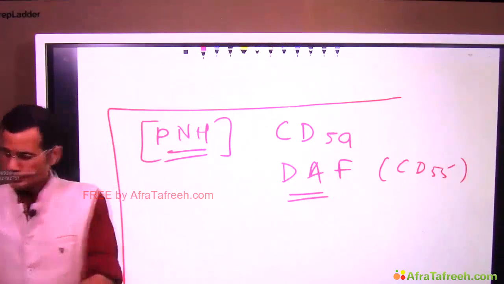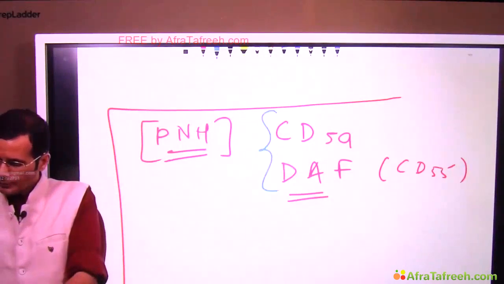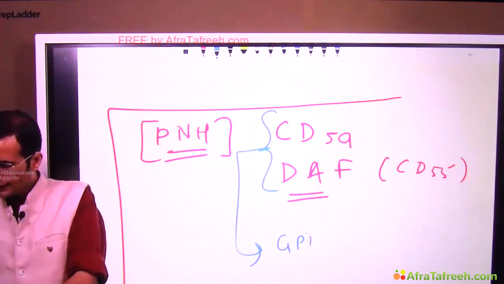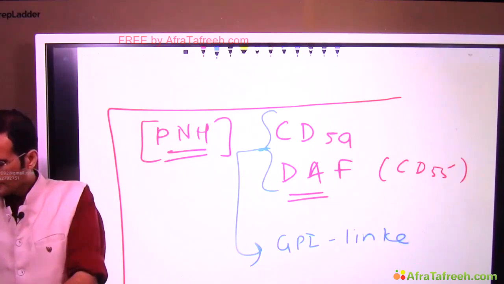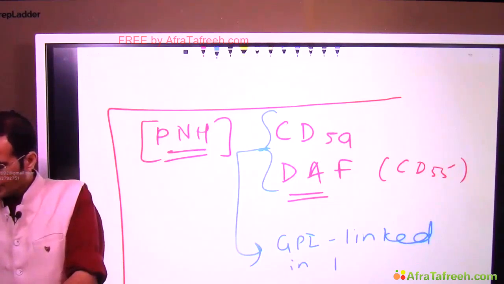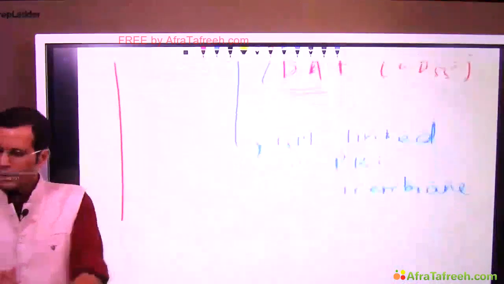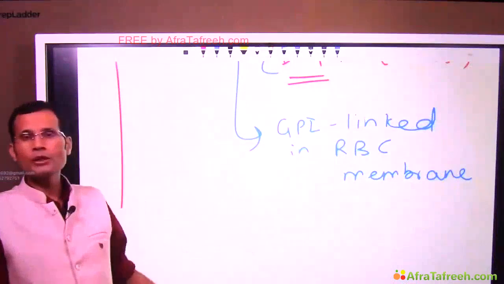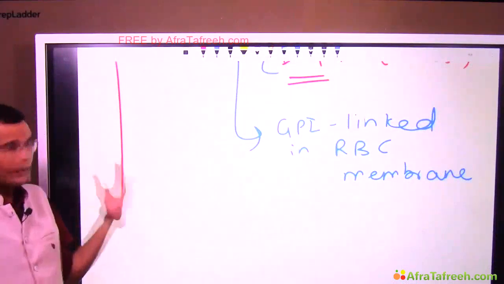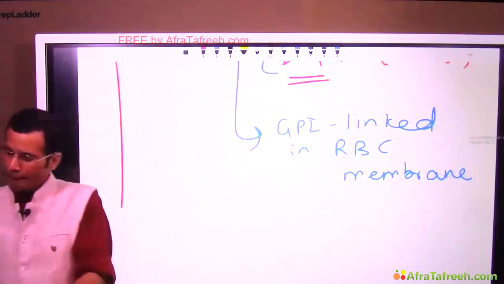These are the GPI linked proteins in the red cell membrane, RBC membrane. Remember, RBC membrane has these GPI linked proteins, CD59 and decay accelerating factor, DAF.